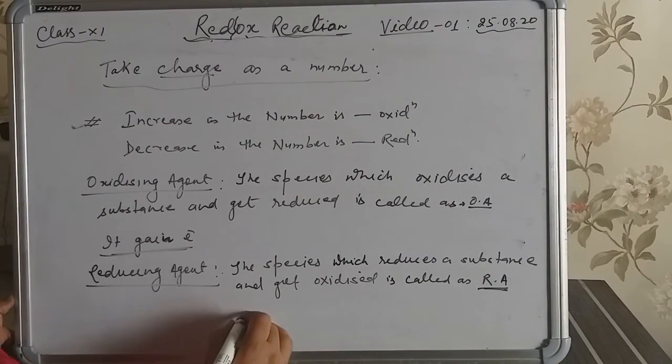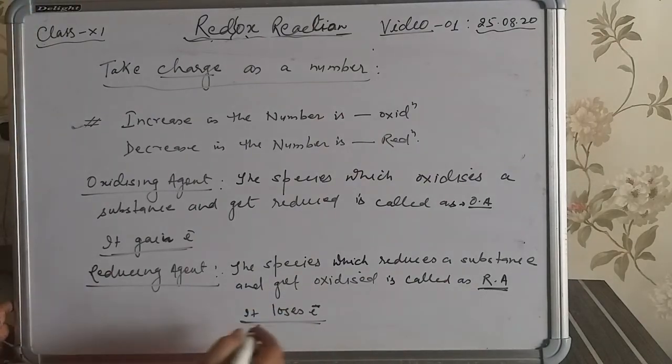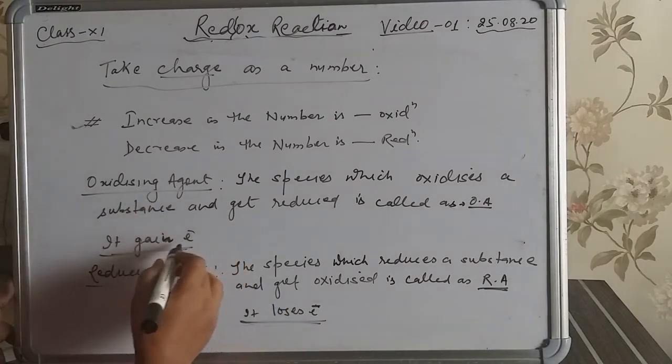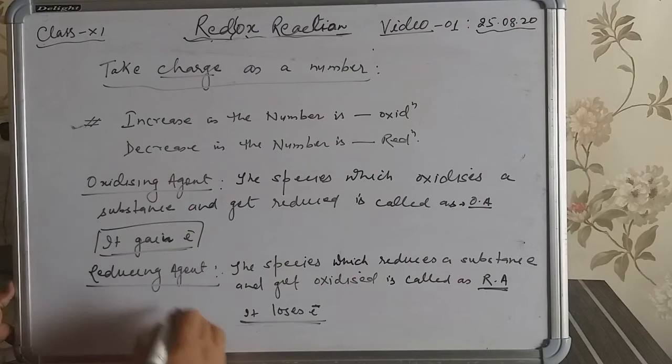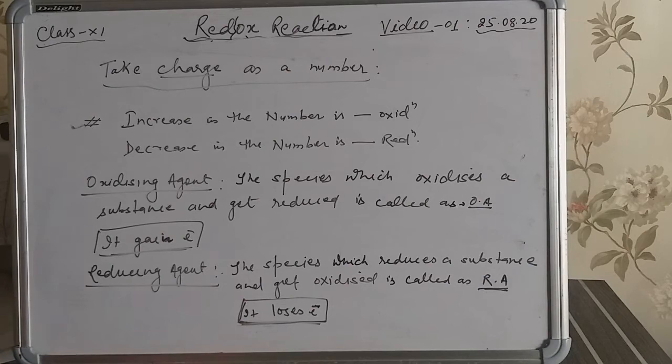Or it loses electrons. So the reducing agent loses electrons, and the oxidizing agent gains electrons. By this you can easily find out which species is the oxidizing agent and which is the reducing agent.